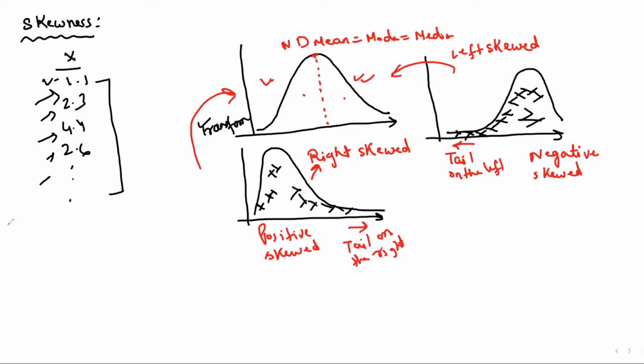First of all, let me give you examples for a positive skewness, a right skewed data. If in an interview someone asks you, okay, you have told me what skewness is, but can you give me some examples of right skewed data and left skewed data? Then you should be able to answer them.